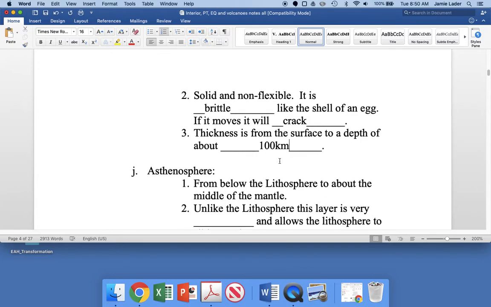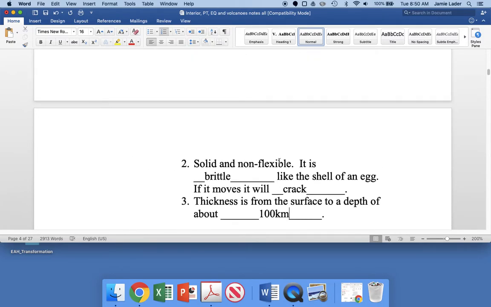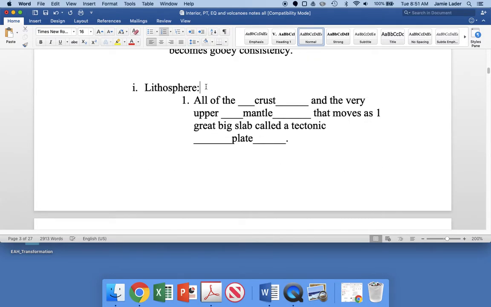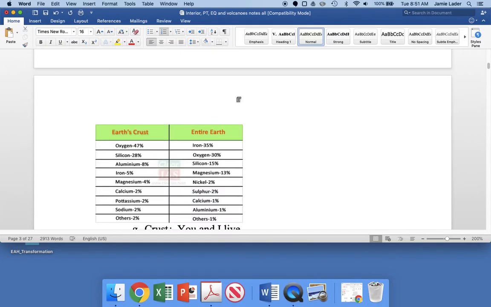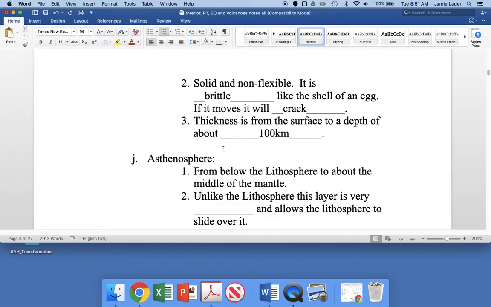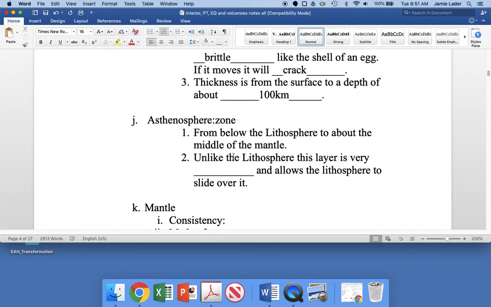The asthenosphere, it's another zone. So the lithosphere is a zone. It's not like an actual by itself layer, and so is the asthenosphere. It's a zone. So you'll see on your homework it says zone. It goes from below the lithosphere to about the middle of the mantle. So basically, the asthenosphere is the upper to middle mantle.